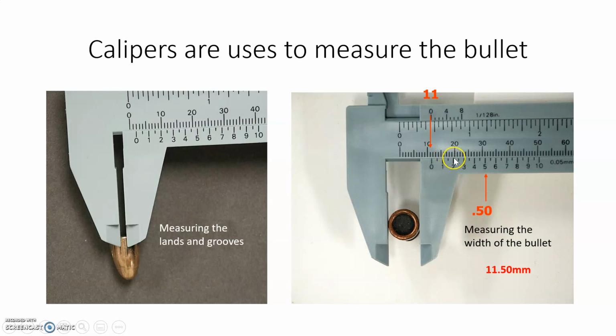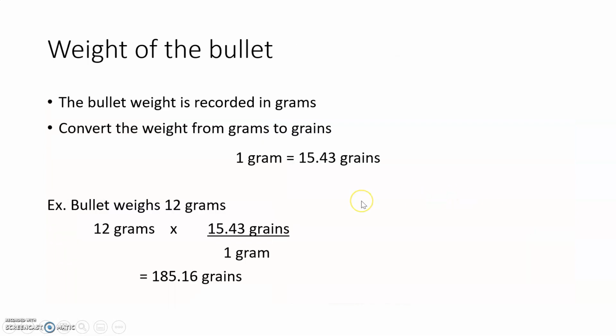Go to the 2. Nah, the 2 is in the middle of here. The 3 is almost there, but not quite. The 4 is even closer, but if you take a look at 5, it is almost dead center in the middle of the line above it. So if I were the forensic examiner doing this measurement, I would say that the width of this bullet is 11.55 millimeters.